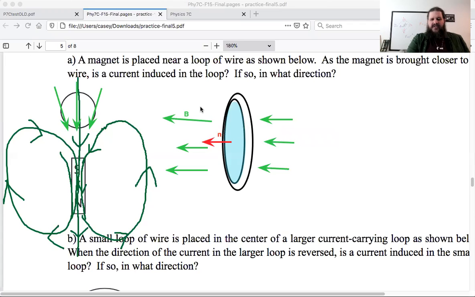And note that that's the largest it can possibly be. Cosine can't give you a result larger than 1. So flux can't be larger than A times B times 1. So in this case, if the normal vector is perfectly aligned with the magnetic field, note that that means the magnetic field vectors are going through the center of the loop, or through the interior of the loop, as much as possible. So this is the situation where you get the most flux.